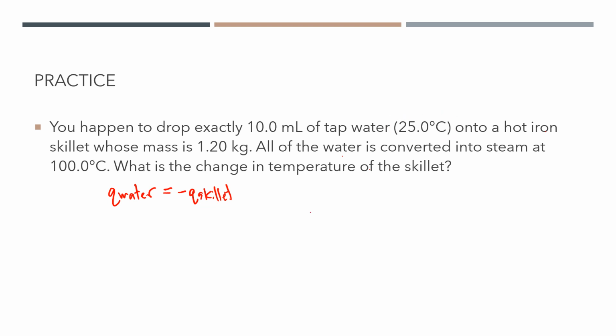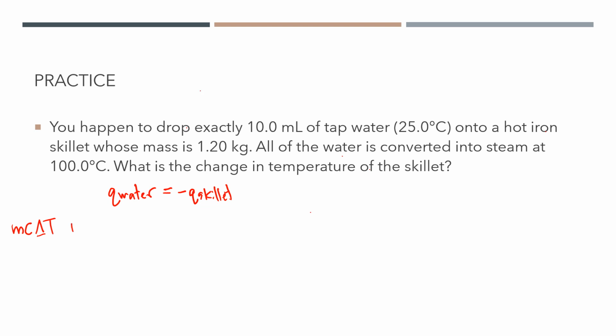First we're going to have to use MC delta T to determine that heat. We're heating it from 25 degrees to 100 degrees Celsius, but we also want to convert all of that into steam. So once it's at 100 degrees Celsius, we're going to have to add the enthalpy.